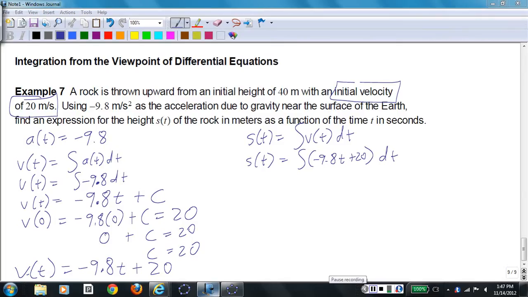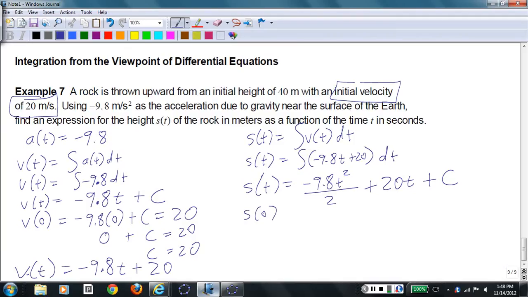We need a function that we can take the derivative of to get negative 9.8t plus 20. Power rule: negative 9.8t squared, add 1 to that exponent and divide by that new exponent that we got. What can you take the derivative of and get 20? So we'll go to about 20t there, plus a constant, a different constant, but a constant.